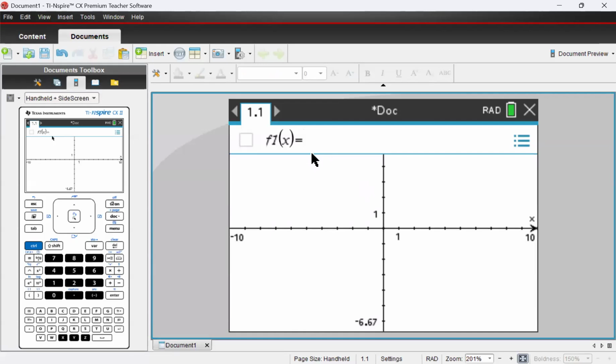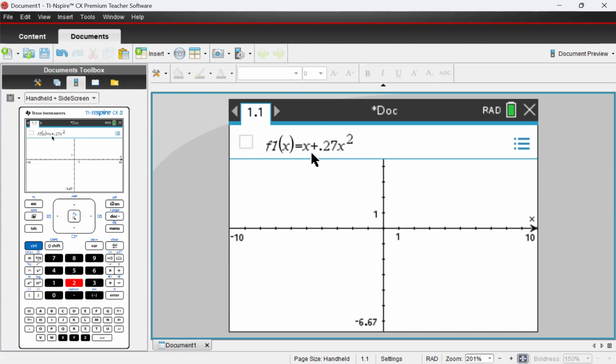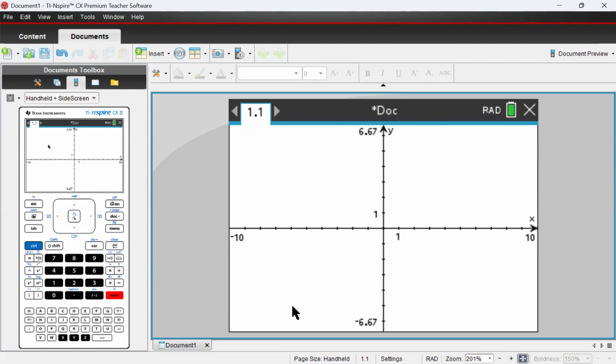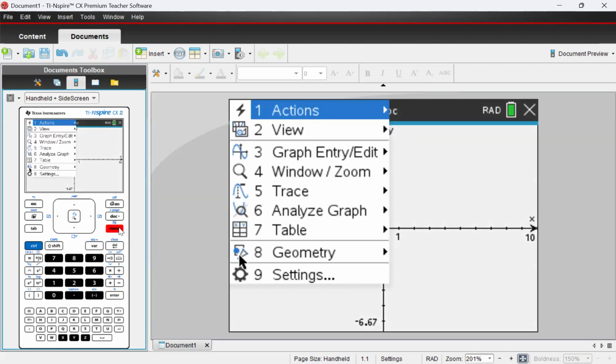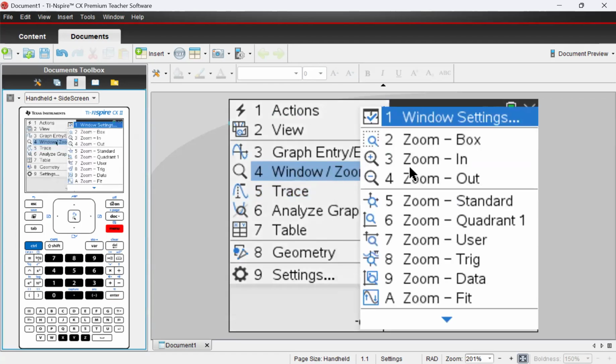So that was x plus 0.27x squared minus 0.0015x cubed minus 300. Now I can't see the graph, so let me zoom out. So I'll do menu, zoom out.